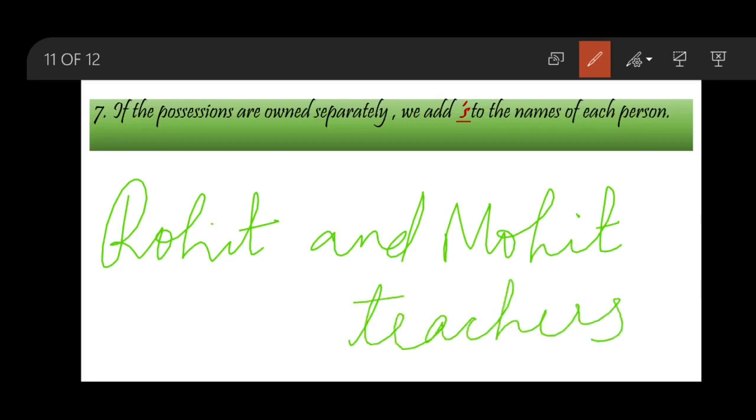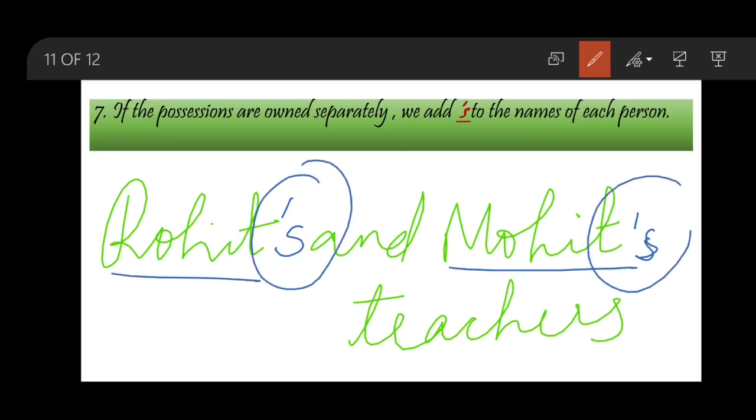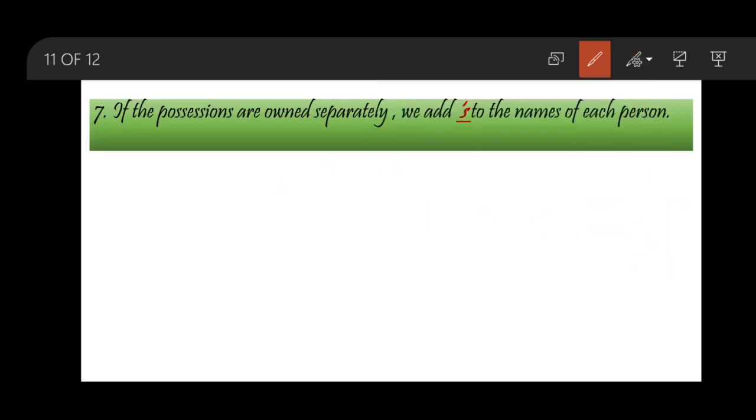Yes, so if both the possessions are owned separately, then what are we going to do? We are going to add apostrophe s to both the names. Are you getting it? So if the possessions are owned separately, we are going to put apostrophe s to the name of each person.